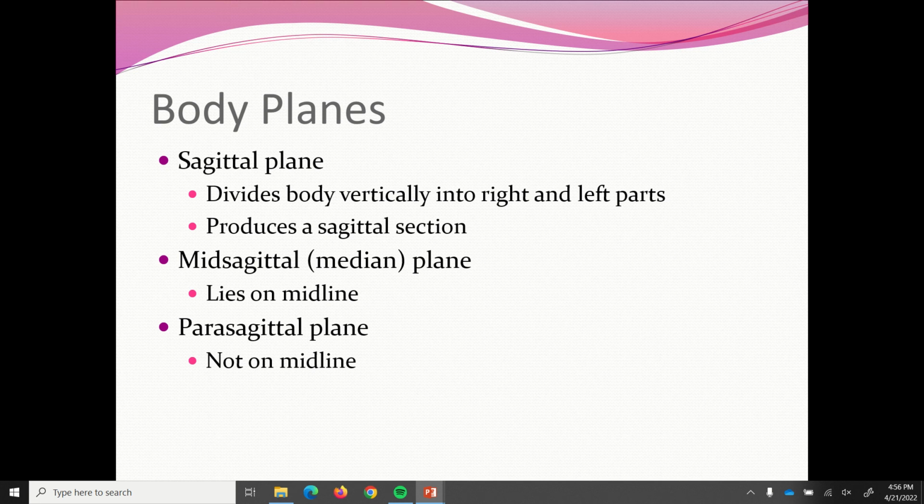The sagittal plane divides the body vertically, going down the midline, the medial line of the body, and divides the body into right and left parts. The mid-sagittal lies directly on the midline, and the parasagittal is not directly on the midline.